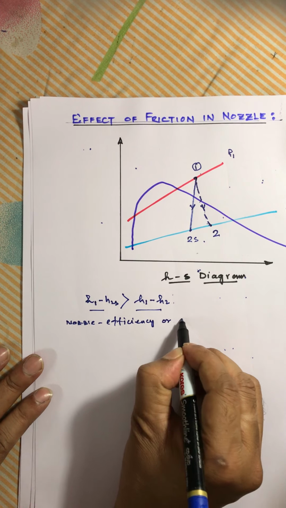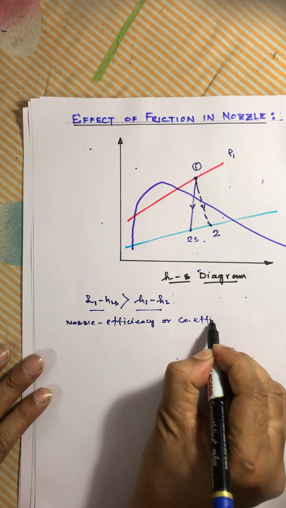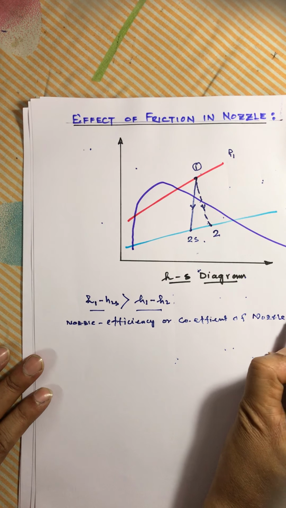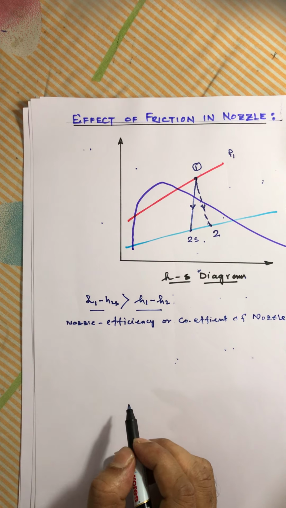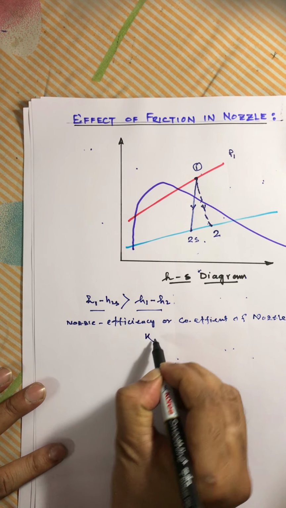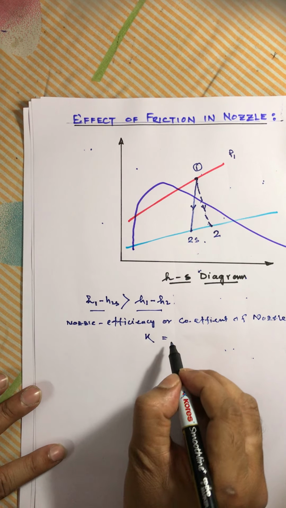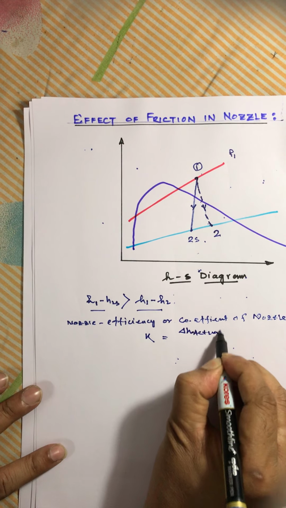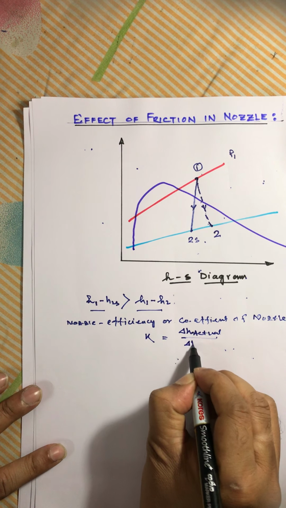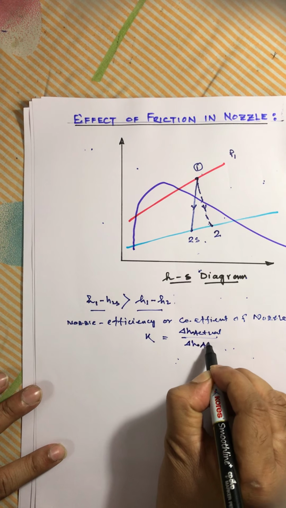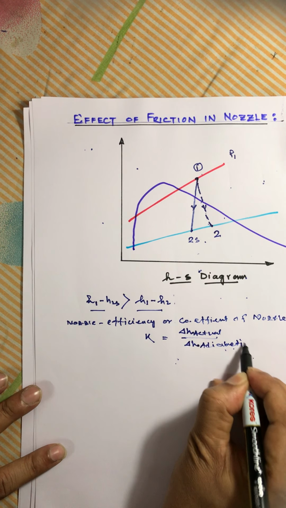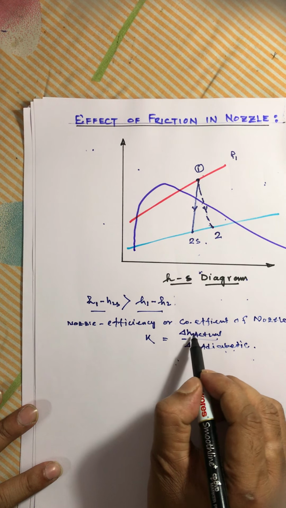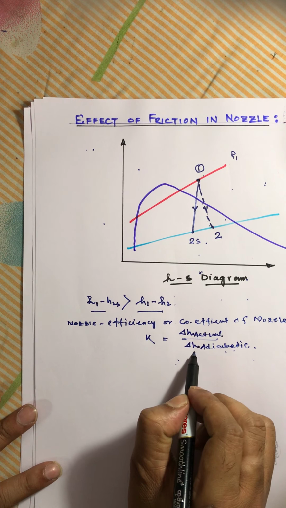That will be nothing but the ratio, defined by K, of del H actual divided by del H adiabatic. Is that clear? Del H adiabatic. That means actual heat drop divided by adiabatic heat drop.